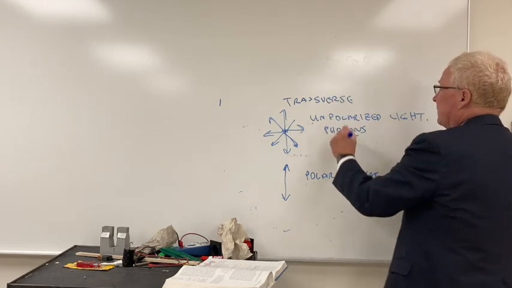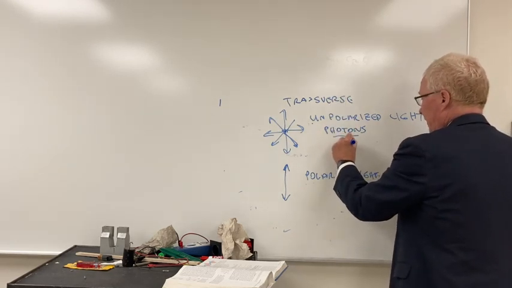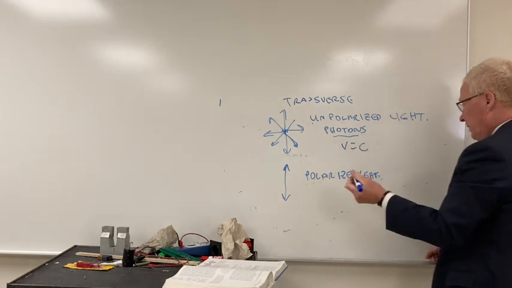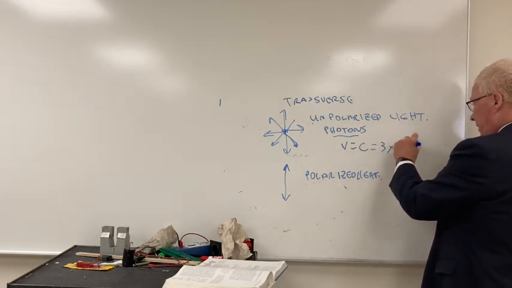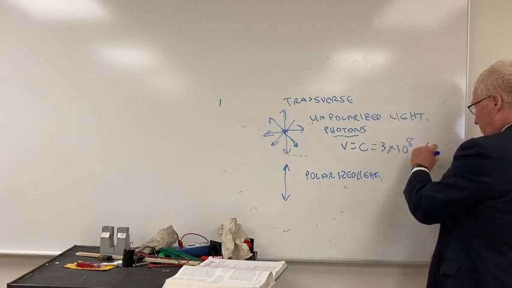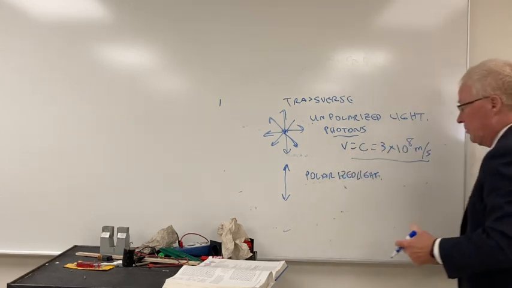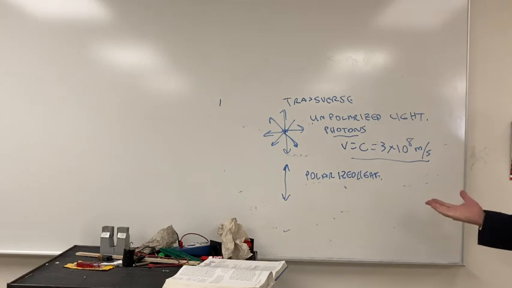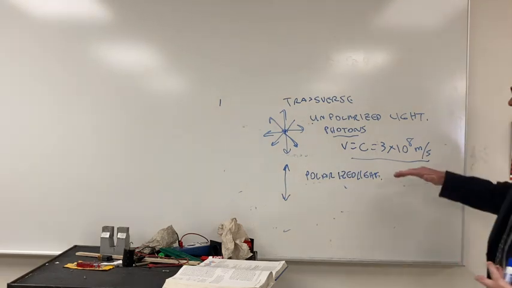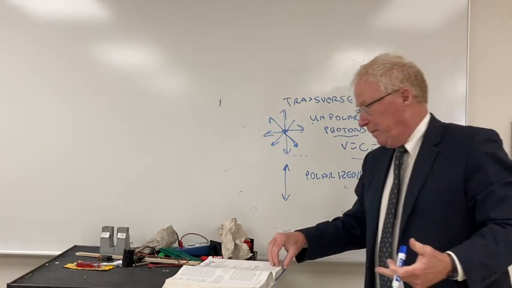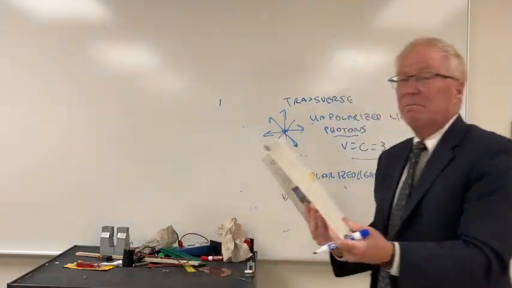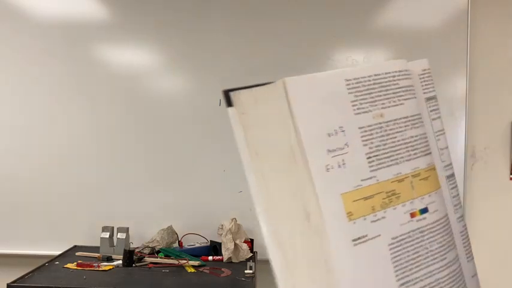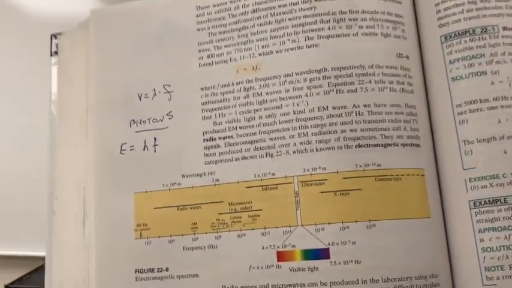Now for all light, the speed of light, V, is given by the letter C, and it's 3 times 10 to the 8th meters per second. All light, including the entire electromagnetic spectrum, goes at that speed of light. Now this picture describes it extremely well.